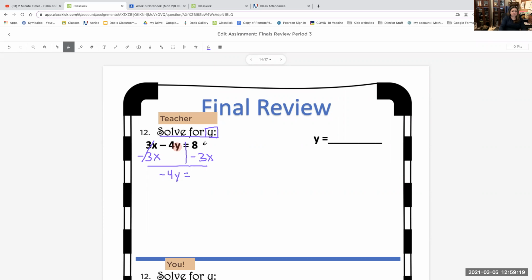This 8 does not have an x. This one does. So I can't actually combine them, but I need to have the 3x in front, and then it's my 8. Why? Because my formula is y equals mx plus b. So the mx needs to go first, and then the b.